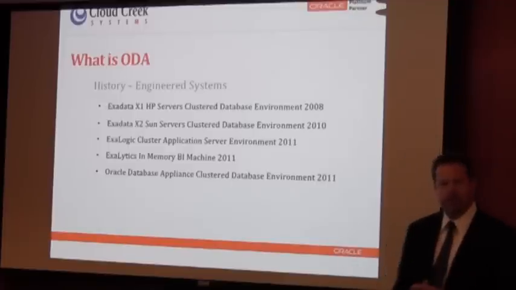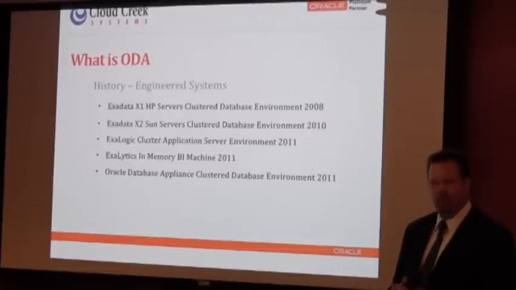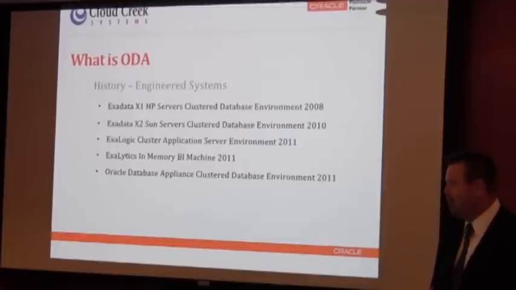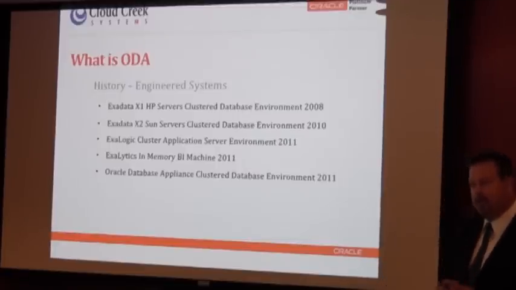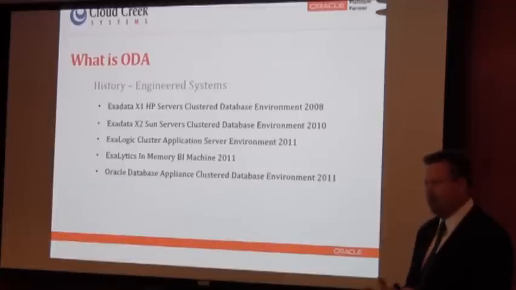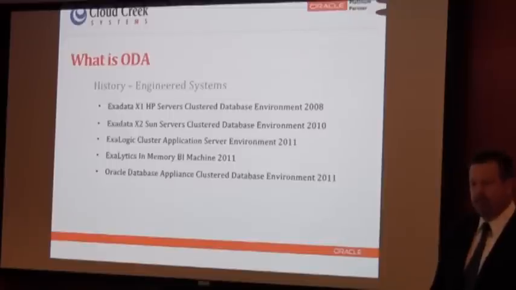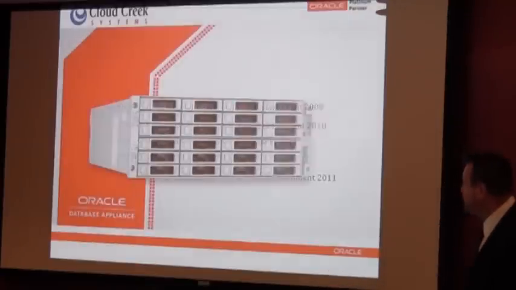But I wanted to give you a little bit of history that the engineered systems is not new to Oracle. They've been doing it for quite a long time and have a pretty good track record of building these systems today. Now the next screen is actually about a 2-minute video of explaining what an Oracle Database Appliance is, and then I'll try to spend the next 40 minutes explaining it in greater detail. So I'm going to go ahead and start that.